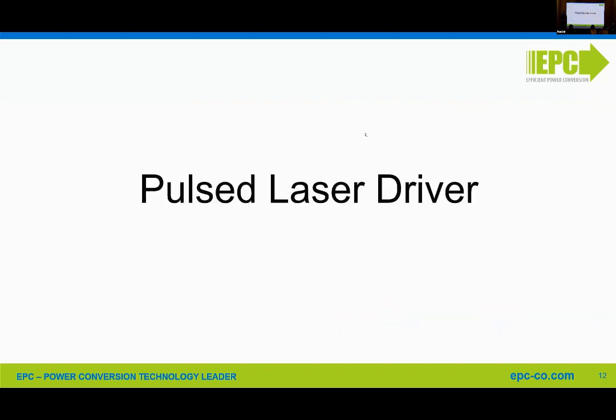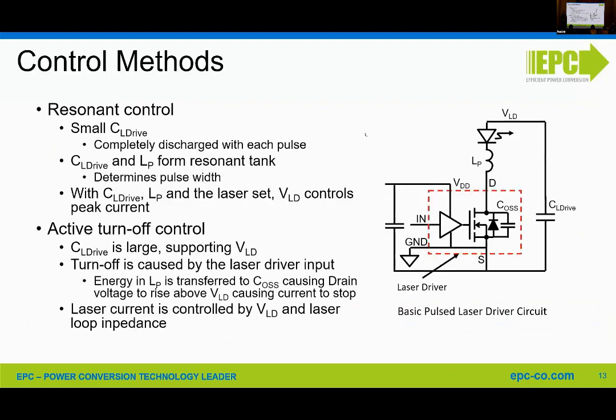So for pulse laser drivers, there are two different control methods. One is what we call resonant control. The resonant control has a small C laser drive, and then it's going to have a resonant tank formed with the laser pulse inductance.